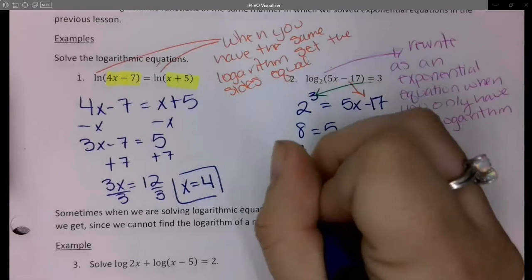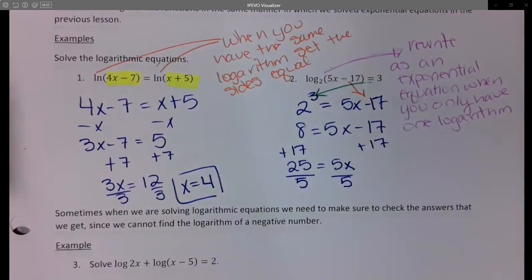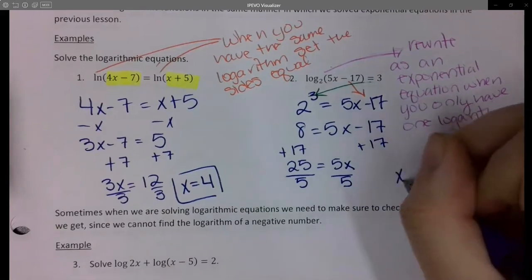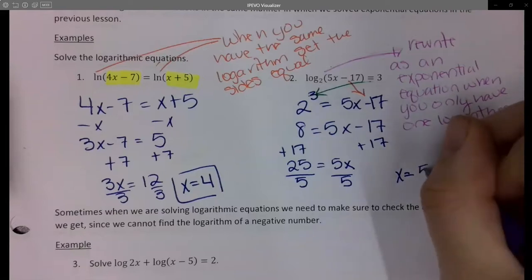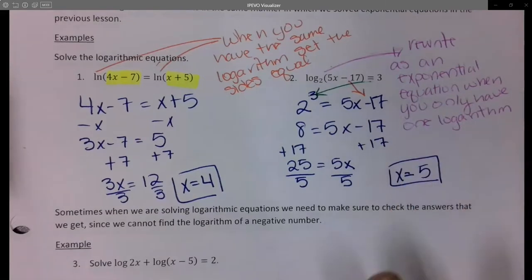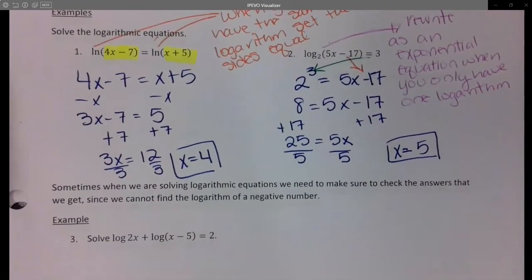Then I want to go ahead and divide both sides by 5, which gets me x equals what's 25 divided by 5? 5. Questions on number 2?